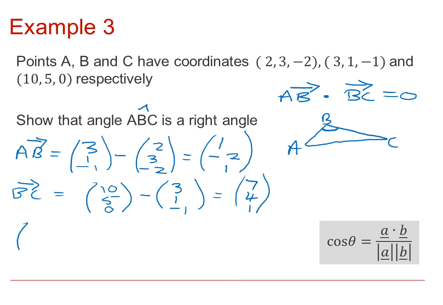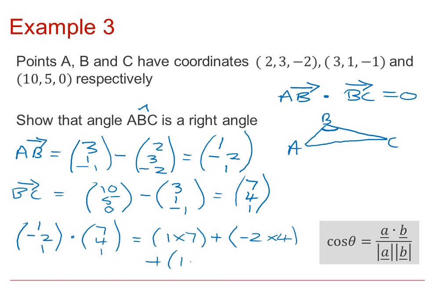And we now need to look at the scalar product of those two vectors. This comes to being, and again I'll use brackets just to make it clear, 7 minus 8 plus 1, which does indeed equal 0.